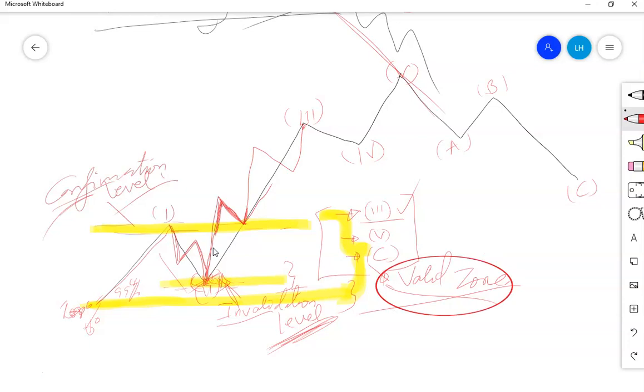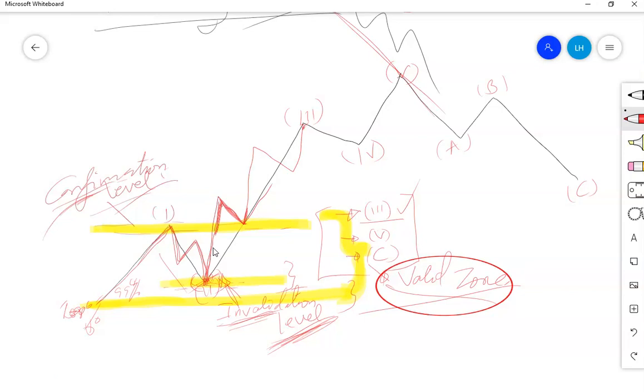Because once you have identified your invalidation level and then a confirmation level, the uptrend has started developing, and you are looking for its continuation.